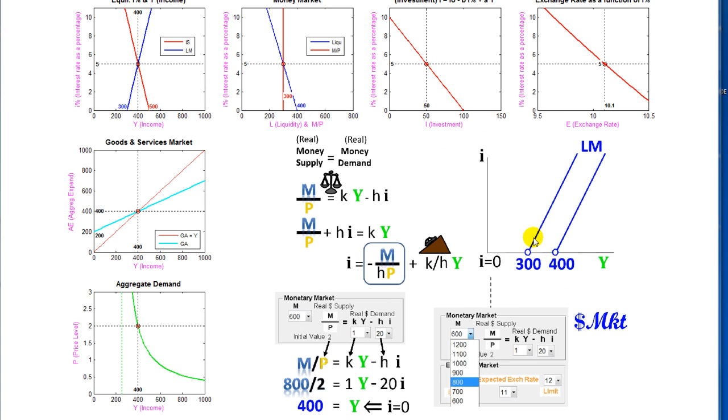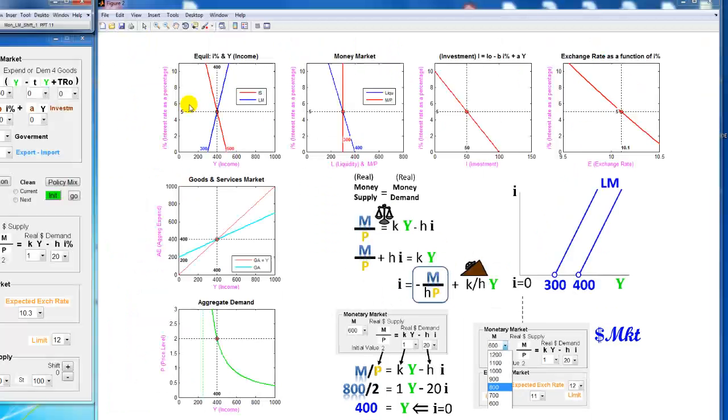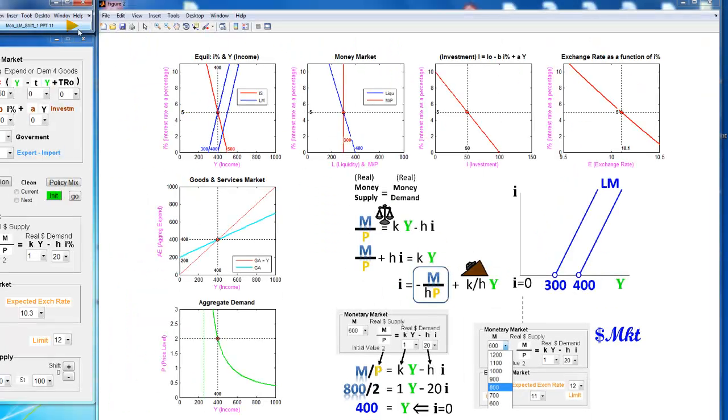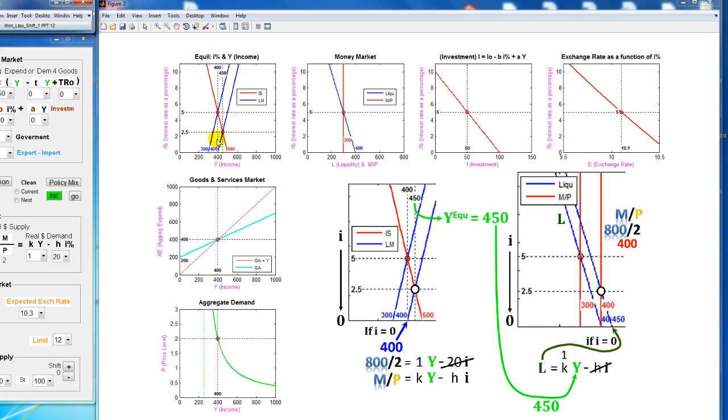So this is a parallel shift of the LM curve from 300 to 400. So this is what we will get here. Okay, now as a consequence of this parallel shift, the equilibrium will pass from this point to this point. So we get this point.